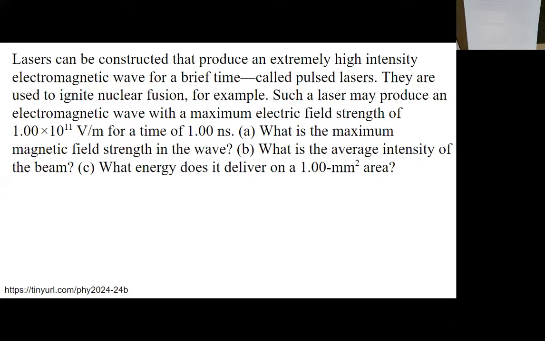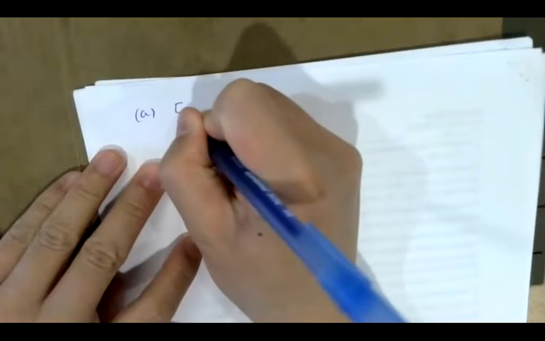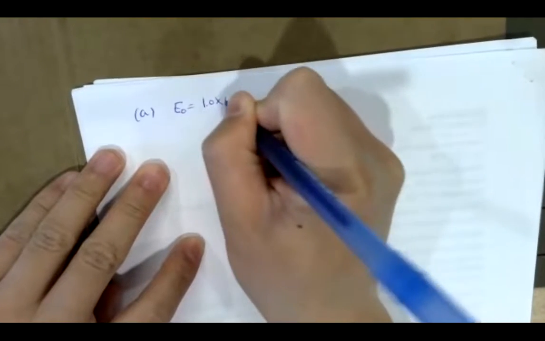Such a laser may produce an EMF wave with a maximum electric field strength of 1.00 times 10 to the 11. So your E maximum, which we call E0 in this case, is 1.0 times 10 to the 11.